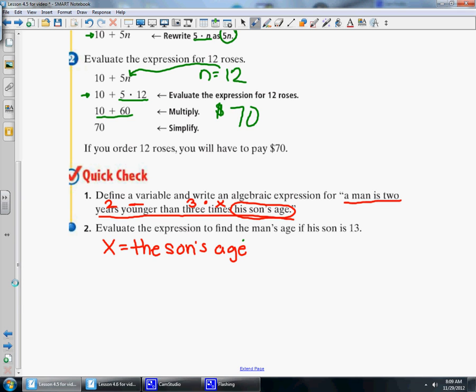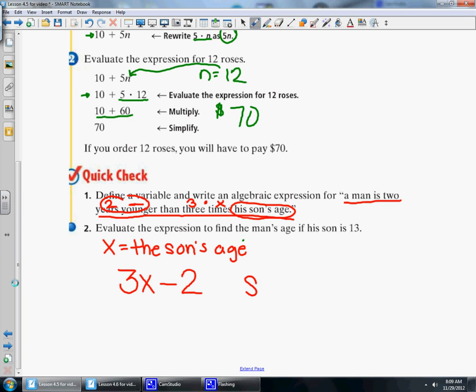Now when we have subtraction, it gets a little confusing, because we need to subtract the 2 years from 3x. So our algebraic expression, we need to flip around. It's going to be 3 times the son's age, and then he's 2 years younger, so then we subtract 2. That's the algebraic expression. Now we need to evaluate the algebraic expression to find the man's age if the son is 13.